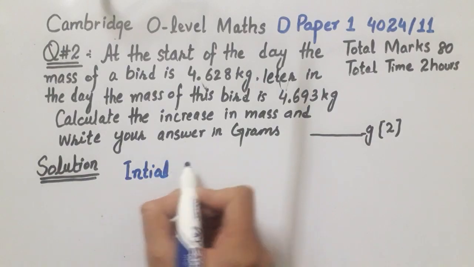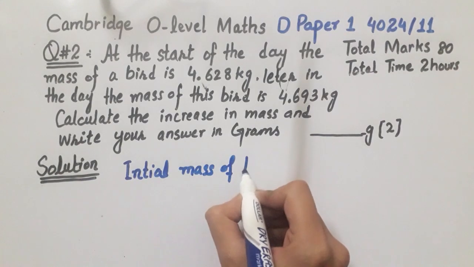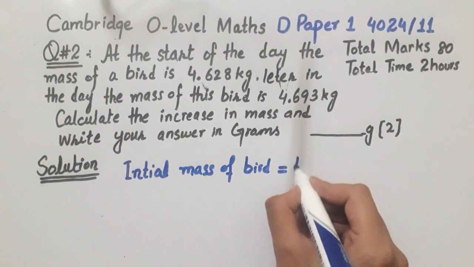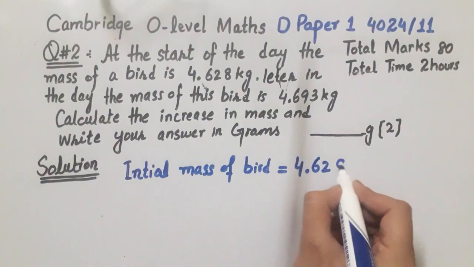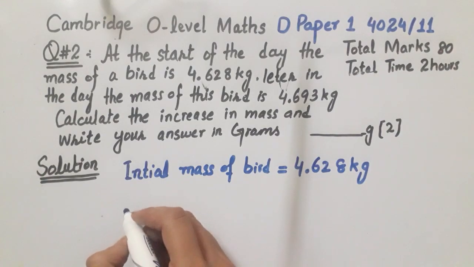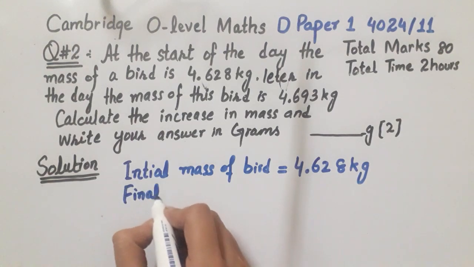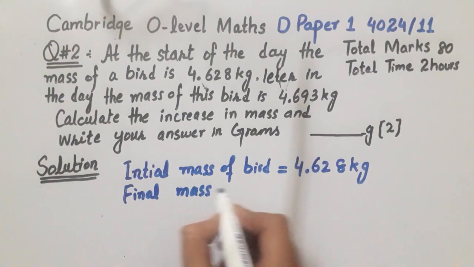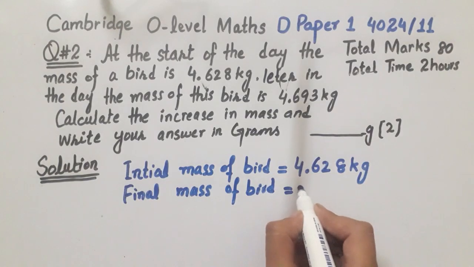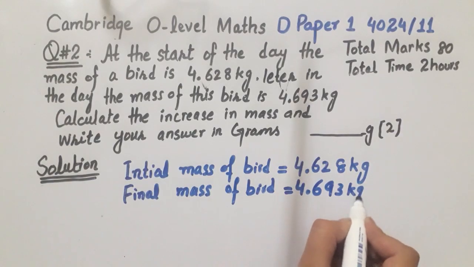First of all, we will write the initial mass of the bird. So, the initial mass of the bird is equal to 4.628 kg, and the final mass of the bird is 4.693 kg.